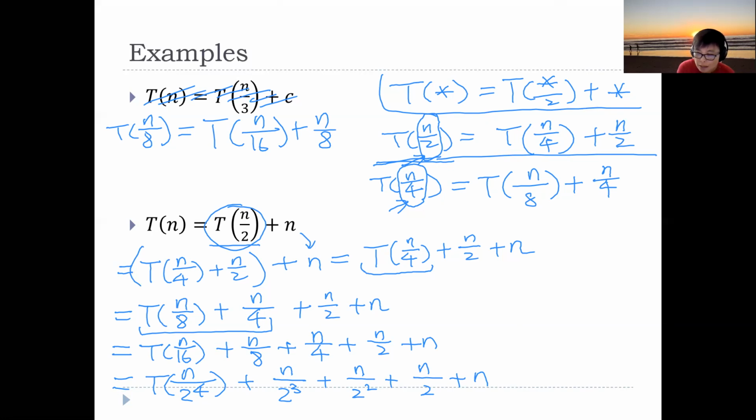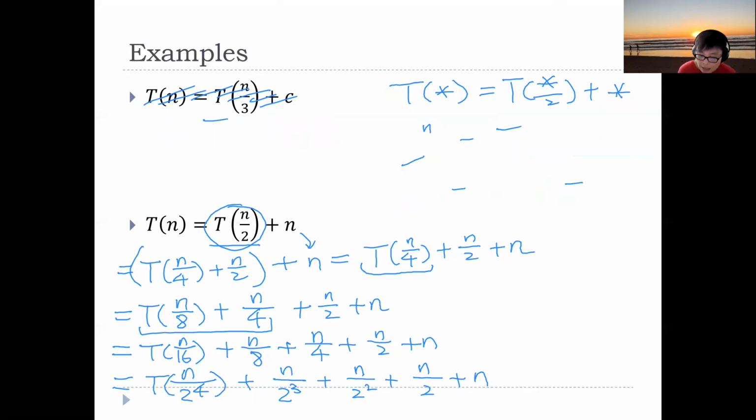What do I have here? Well, as we said, every time I unroll it one more time, inside the parentheses the problem size gets divided by yet another factor of 2.